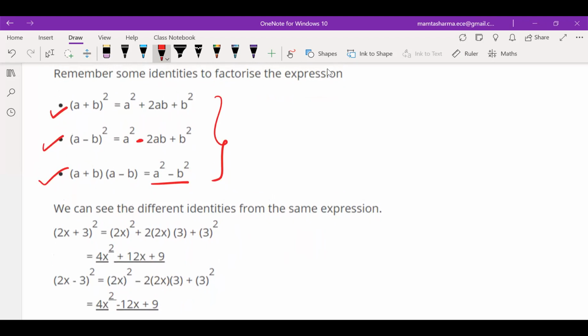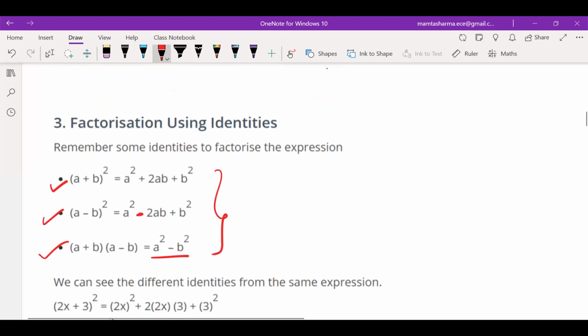Now if I give you one question, express 2x plus 3 whole square. Ma'am, 2x plus 3 is in the form of a plus b whole square.